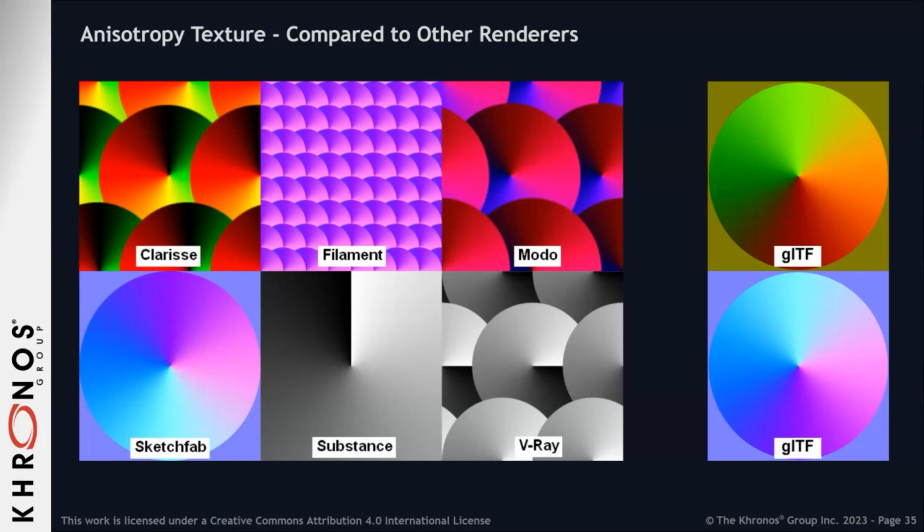We thought about using a single grayscale channel sweep like Substance or V-Ray uses, but we found that creates artifacts where it suddenly changes from 0 to 360 degrees. So we chose a 2-channel gradient, and we chose Y up for the green channel, which matches how OpenGL does normal maps already. But it shouldn't be hard to convert between these if you have pre-existing content, because they're all gradients, right? So they should convert without too much trouble.